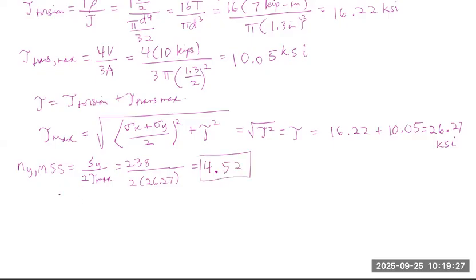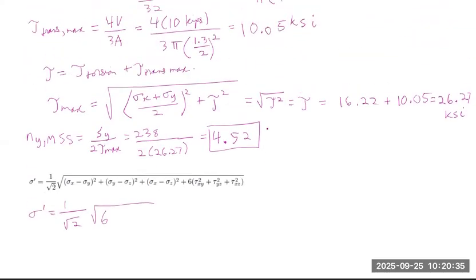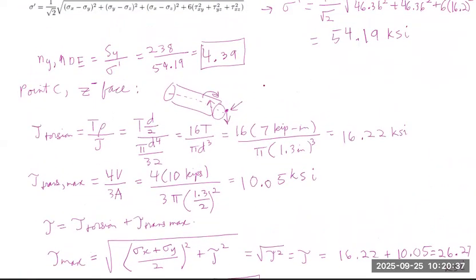And now for our factor of safety due to maximum distortion energy theory, again, we have to find sigma prime. So let's do that first, according to this equation. Sigma prime is equal to 1 over root 2 times, but sigma x, sigma y, and sigma z are all 0, so we are left with square root of 6 times, let's see the direction of the shear stress. So it's acting on the x face in the y direction.